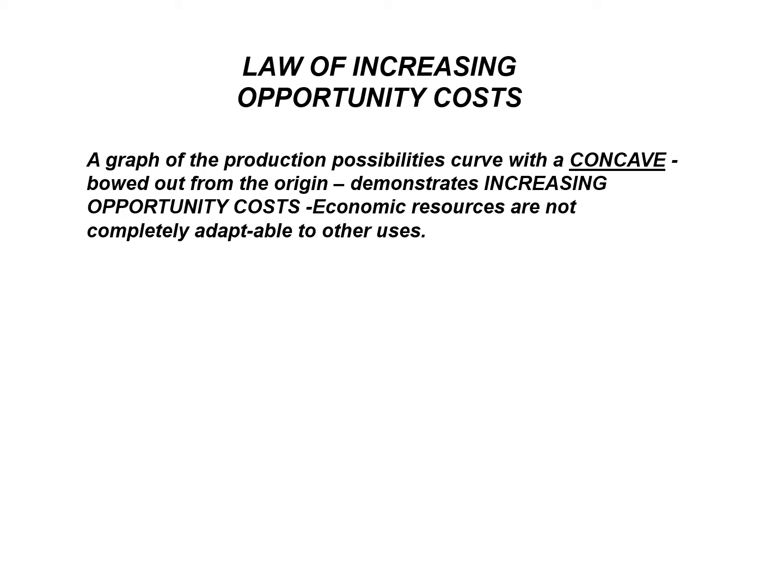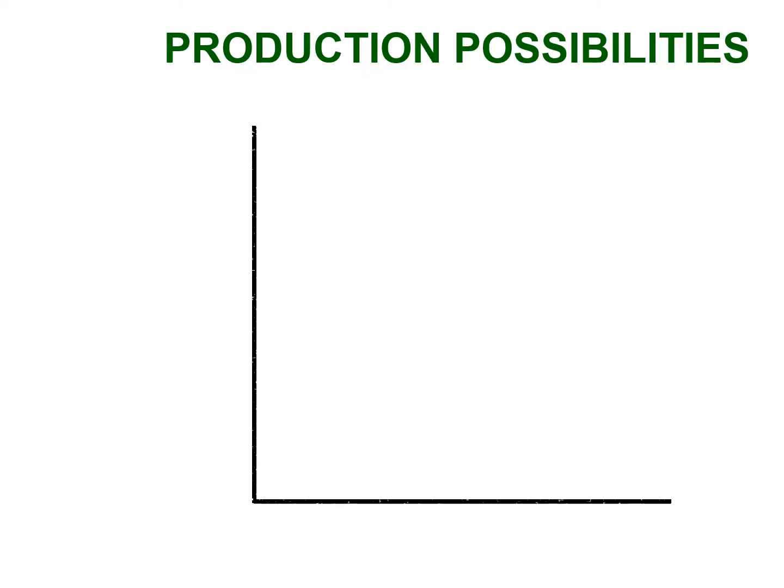Again, the economic rationale behind increasing opportunity cost is that the economic resources are not readily adaptable or shiftable to other uses, because capital good production and consumer good production are vastly different types of economic outputs.